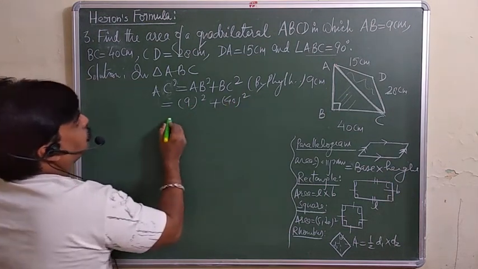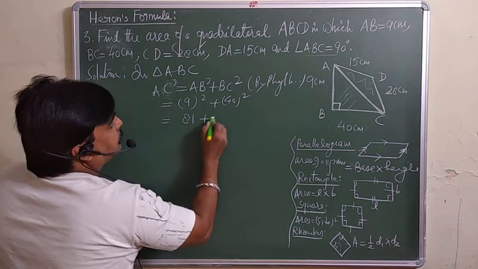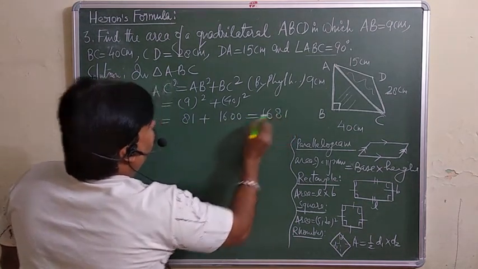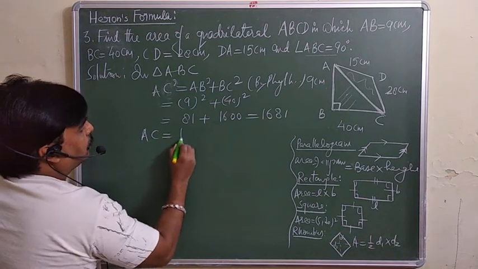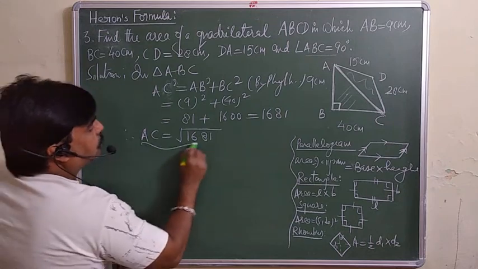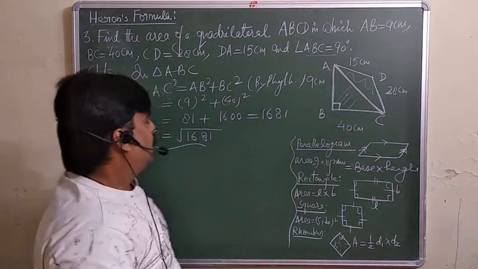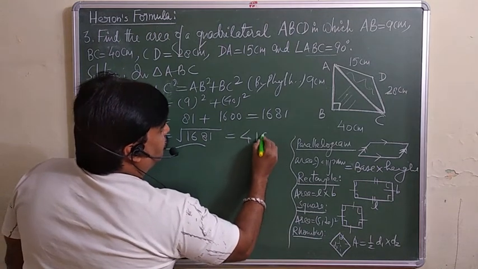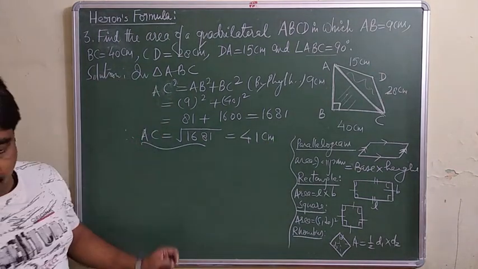So this is your 81 plus 1600, so that is 1681. So AC is equal to under root 1681. So this is the side AC. This AC will come equal to 41 centimeter. Have a look.